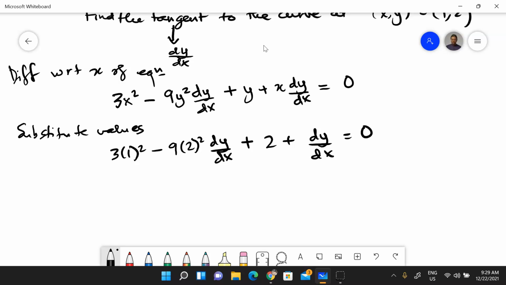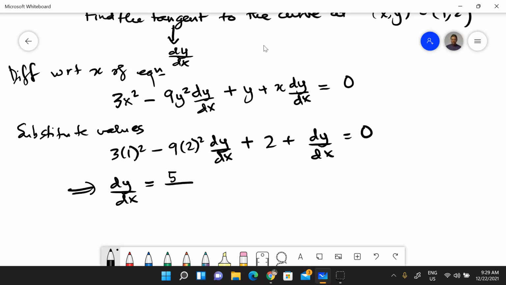For example, if you write down what dy/dx is, this will give me, I think, 3 plus 2, 5 over 35, which is coming from here. Sorry, 5 is from there. Where does the 35 come from? Oh, yeah.